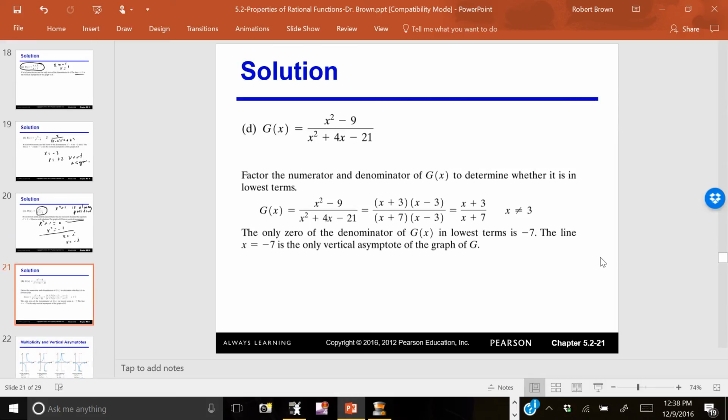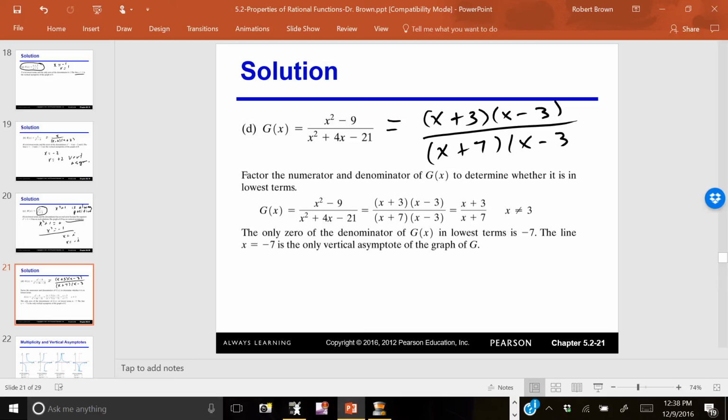For the fourth one, we need to factor the numerator and factor the denominator. You're going to have to remember how to factor in this course.